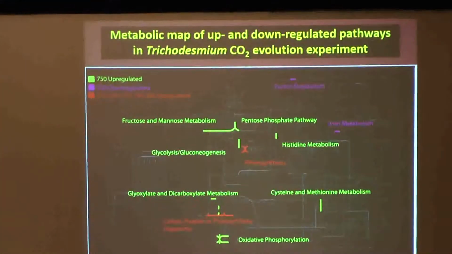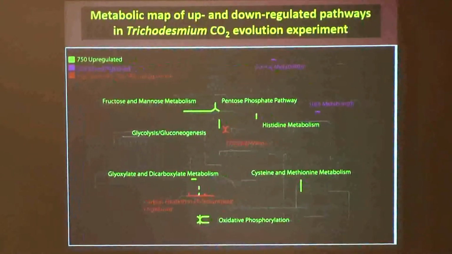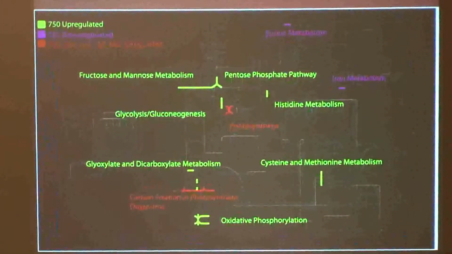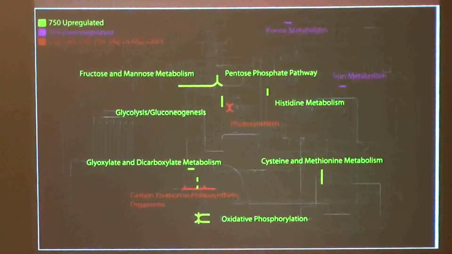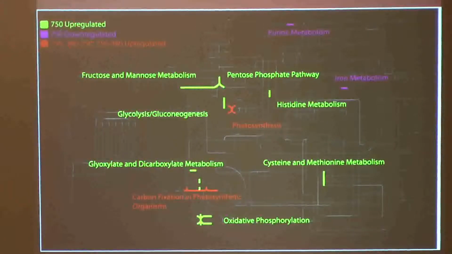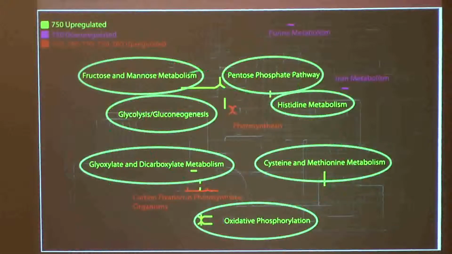What this is, it's a metabolic map, which you can't see very well, of Trichodesmium, but it doesn't matter. And this shows you all the up and down regulated pathways in the transcriptome in these various treatments. So the green ones are the ones that were upregulated in 750.